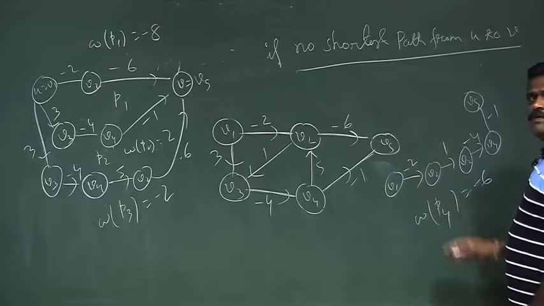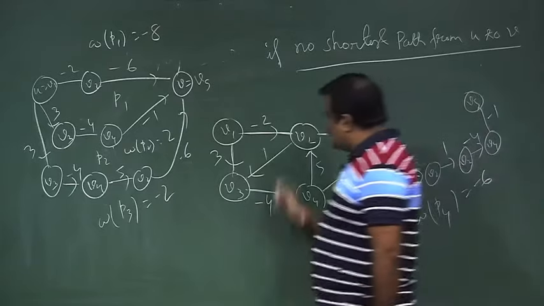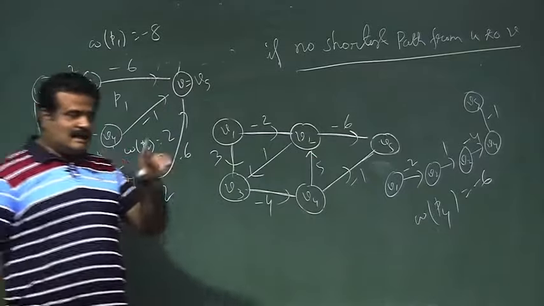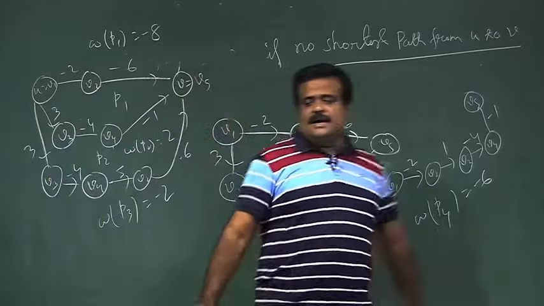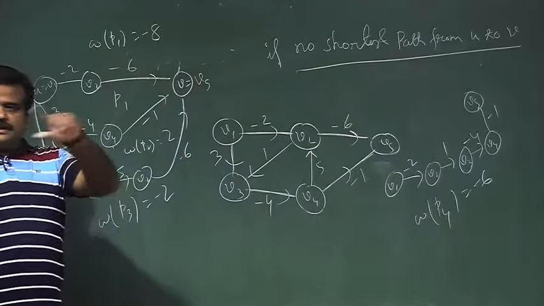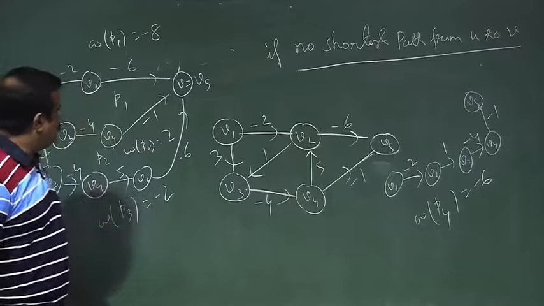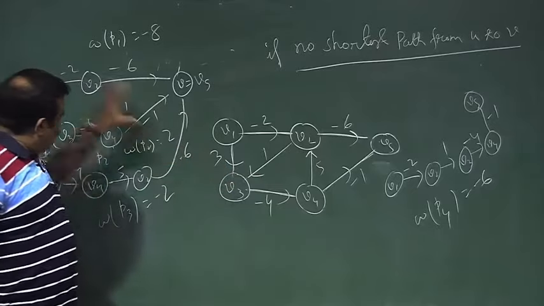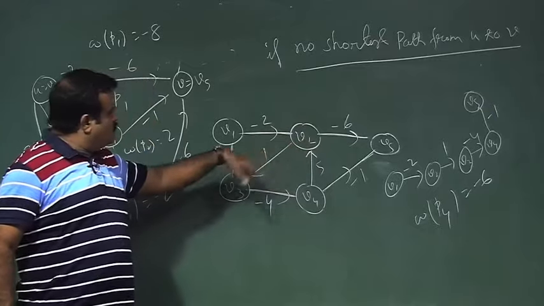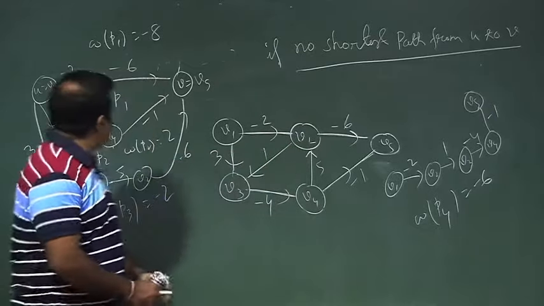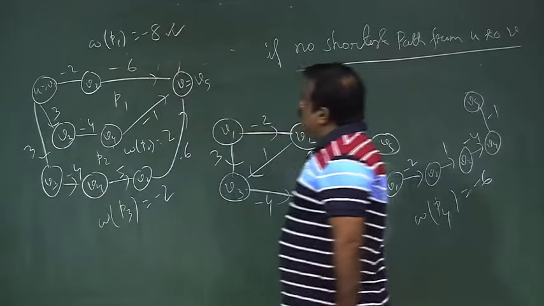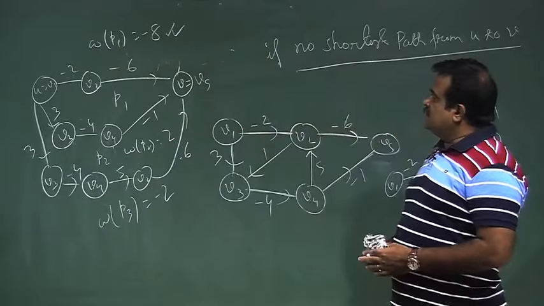Anyway, you can find some more paths by taking the loop also, but if that cycle is a positive cycle, then there is no point in looping there. Okay. So among these there could be 3-4 paths which take care of this negative cycle, all these things. So among these, if we see, this is the minimum weight path. So this is -8.